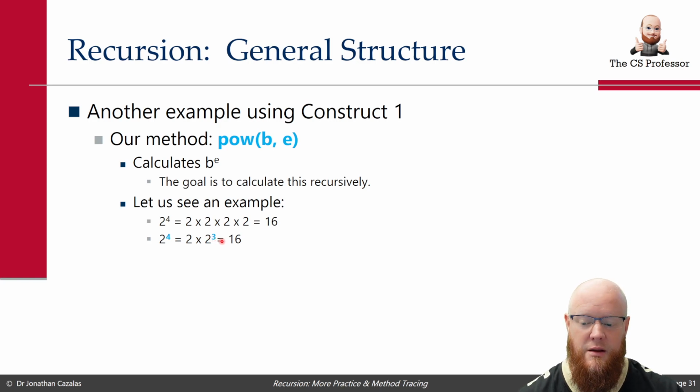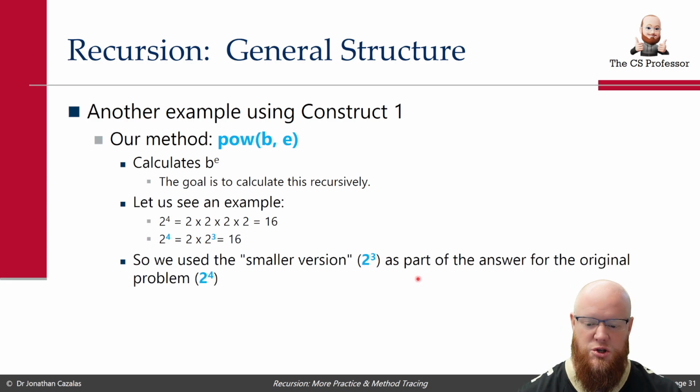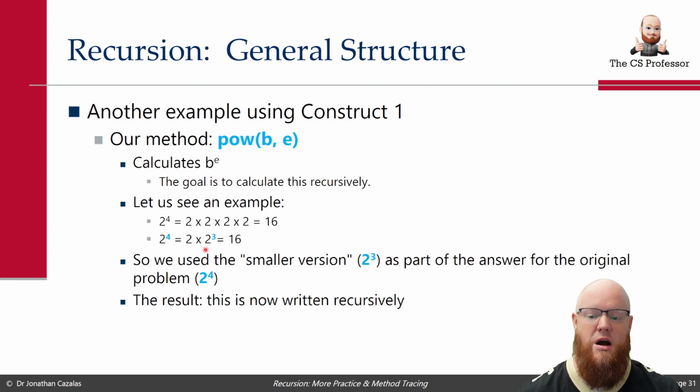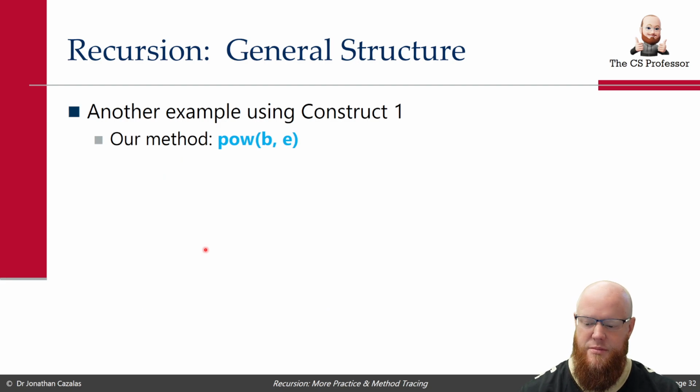Well, guess what? That's now recursive because this is a mathematical equation and the right side of the equation is written in terms of the left side of that equation. So we just saw how we're using the smaller version, 2 to the 3, as part of the answer to the original, and we just derived the problem recursively.